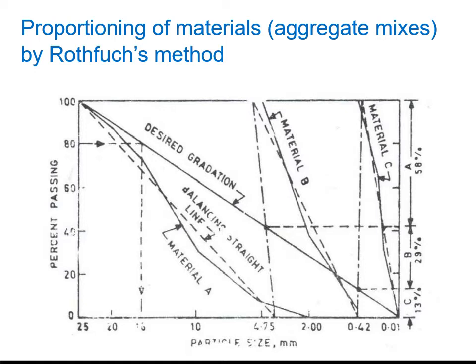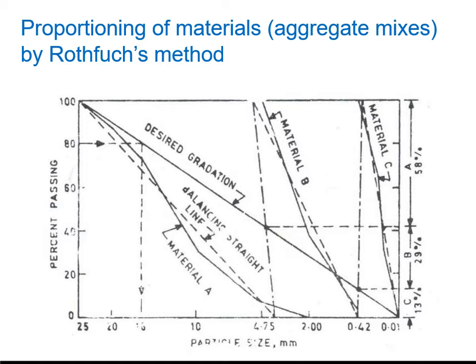From different sources we get different materials of different gradation, so that we have procured and mentioned as material A, material B and material C, and that is also plotted in the graph that we are seeing here. In this graph, material A, B, C gradations are plotted.